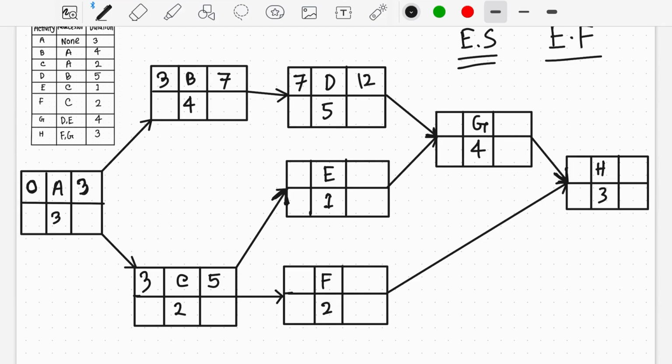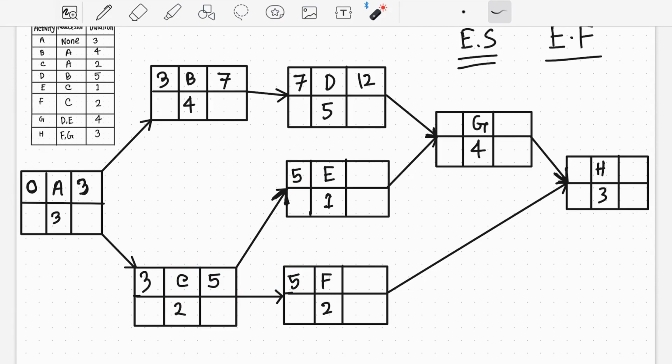The C activity is finishing after 5 weeks, so I write the 5 and the 5. I think you get it.